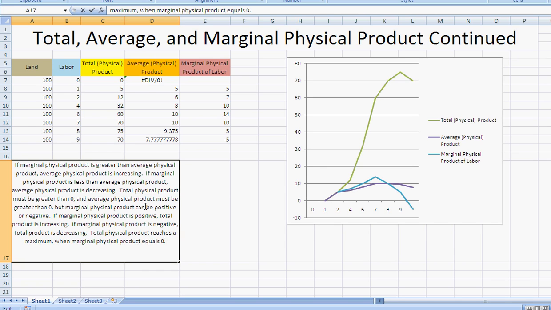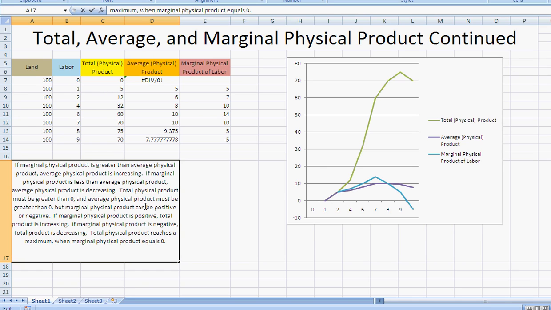So this graph isn't going to line up perfectly, but right about here is where marginal physical product equals 0, and our maximum is just a little bit to the left of that, which is just a function of how Excel graphs things. But if Excel could graph these perfectly and create values in between the values I've given it, it would be exactly where marginal physical product equals 0.